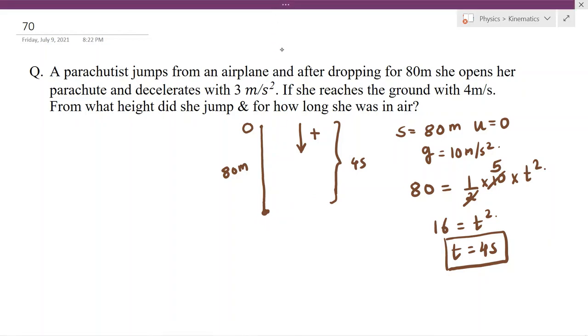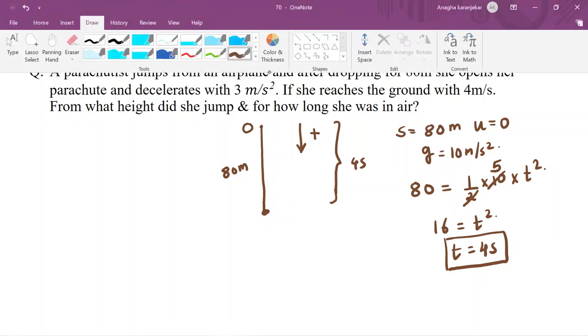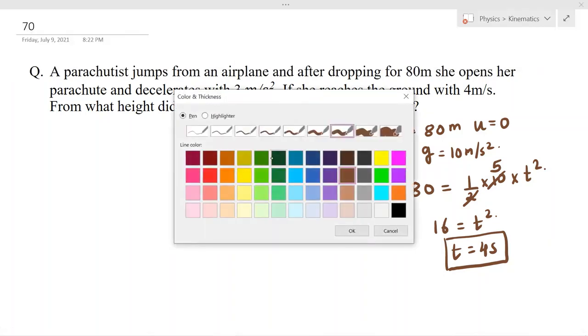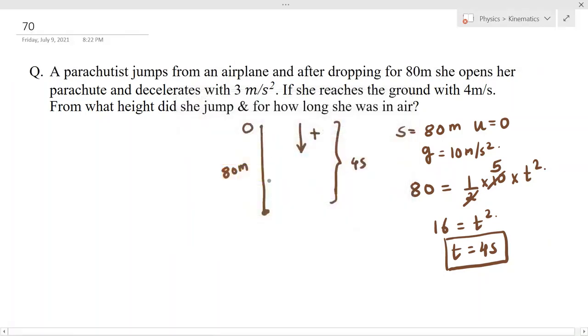Now let me use a different color. After this she has opened the parachute and dropped here like this.